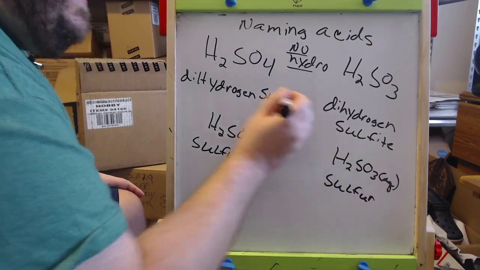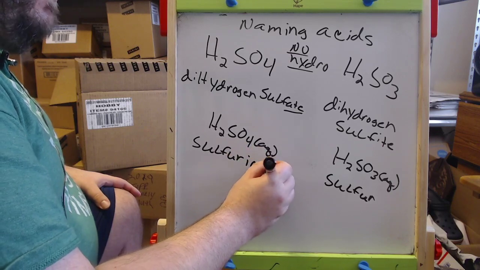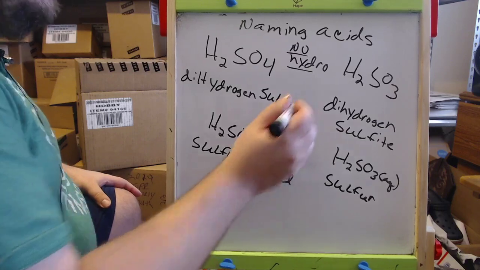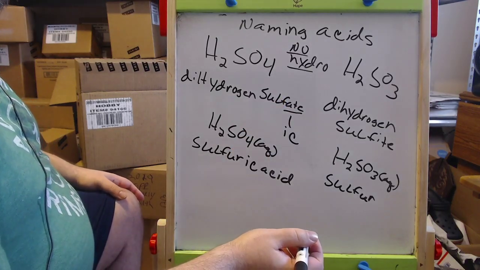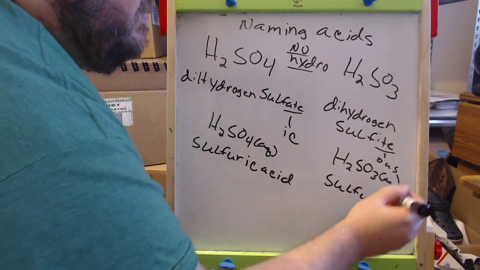If I am the ate, it becomes ic acid. Ate, ic. If I'm the ite, my ending becomes ous.